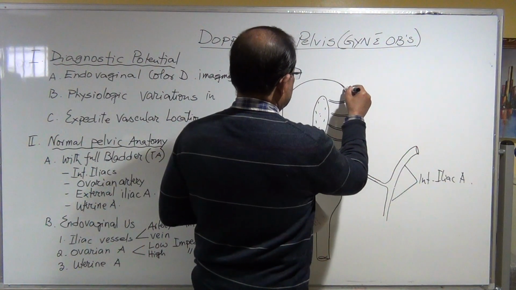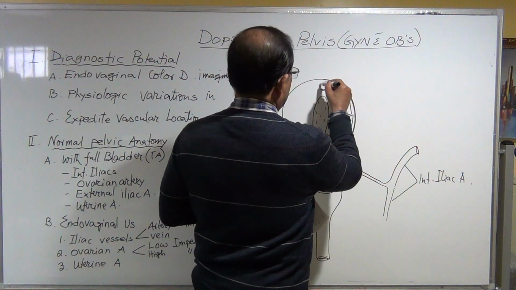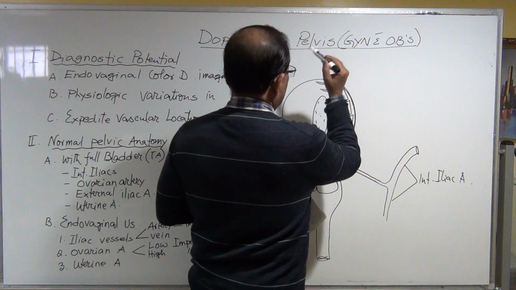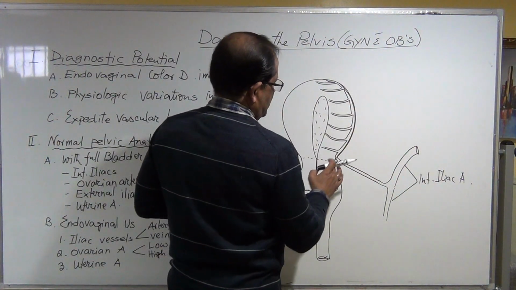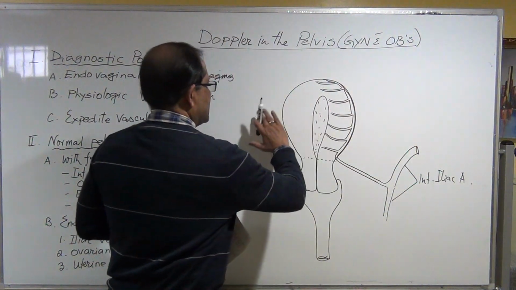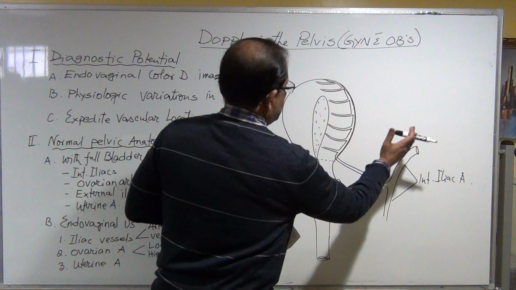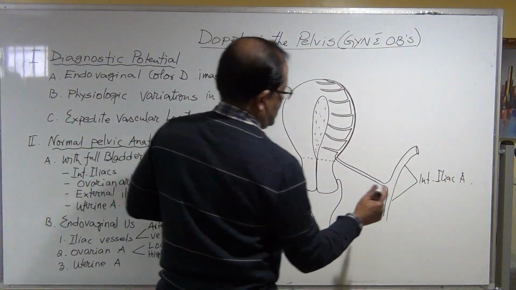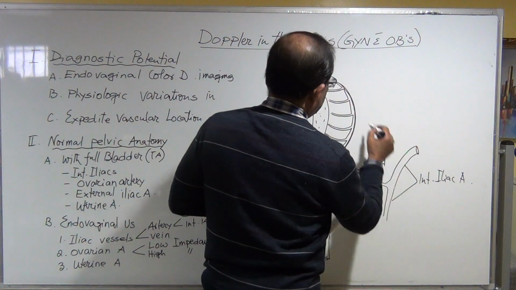I'm drawing on one side only. So this is the arcuate artery. It makes an arc around the uterus, and there are two uterine arteries. So this is the uterine artery.